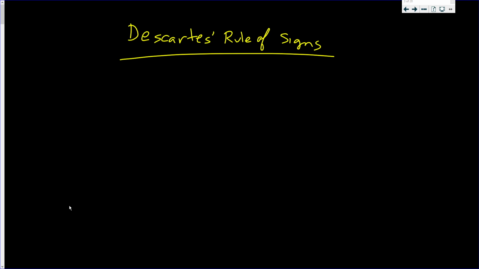In this video, we're going to talk about Descartes' rule of signs. Suppose you have this polynomial: P of x equals x cubed minus x squared minus x minus 3.